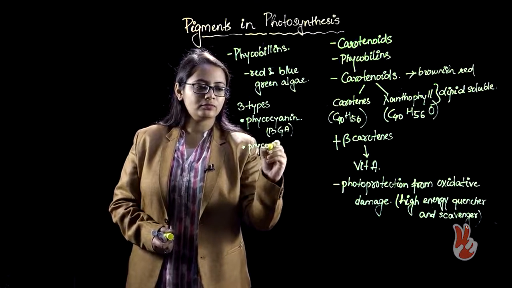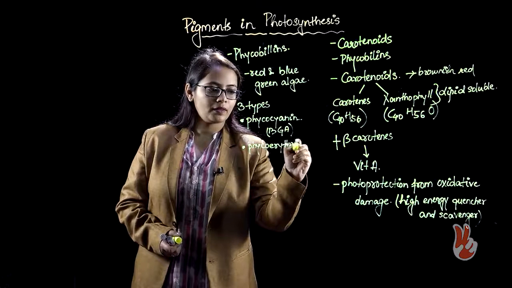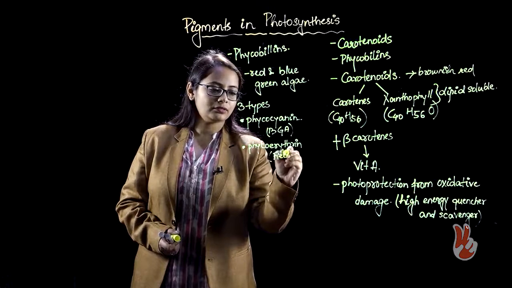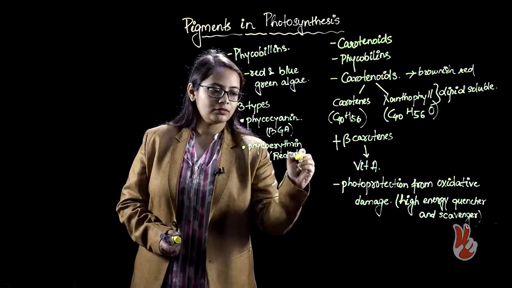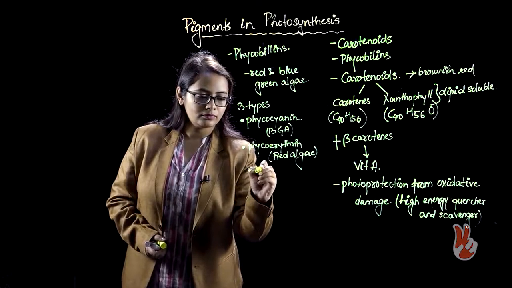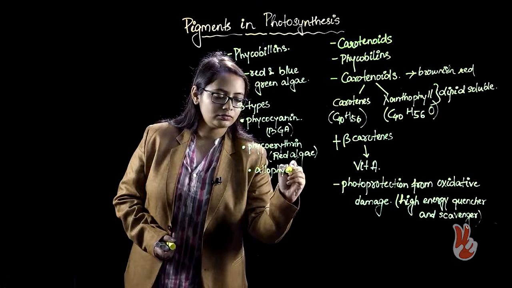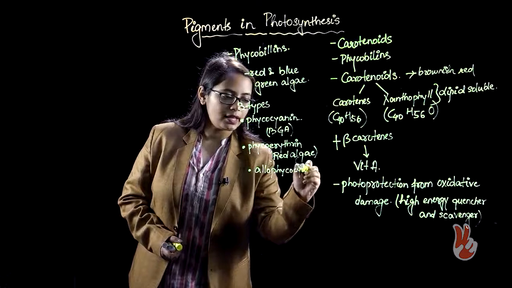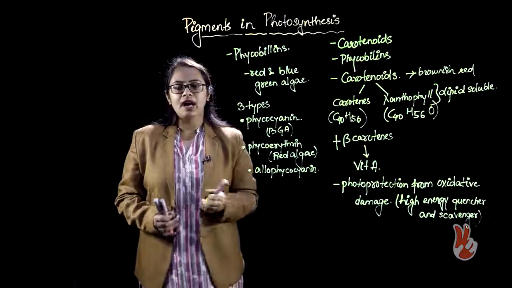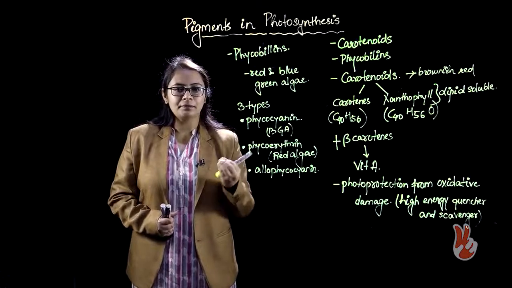Phycoerythrin, which is predominantly found in the red algae, and allophycocyanin. So, these are the main photosynthetic pigments that are found in photosynthetic organisms.